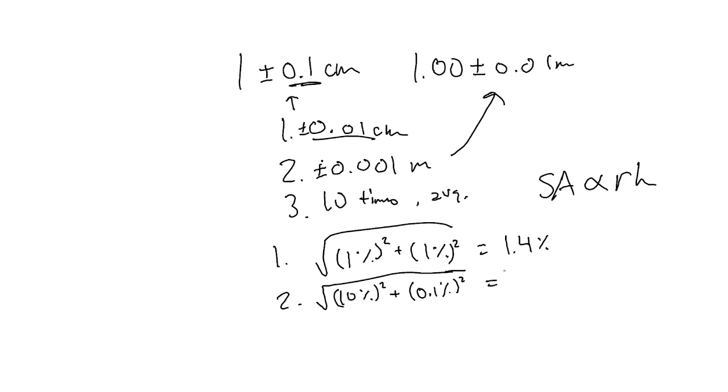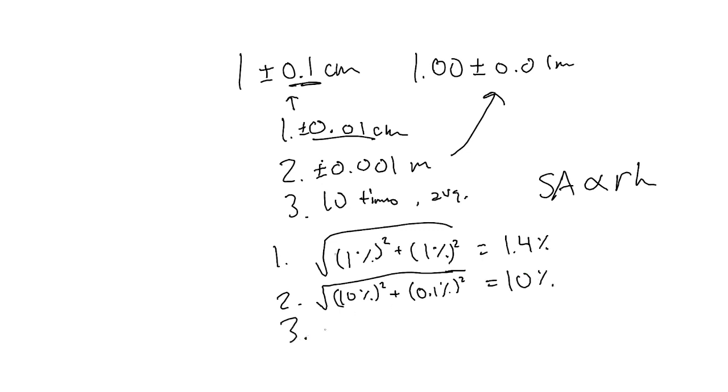So that's going to give us basically 0.1 squared plus 0.001 squared. And so that's going to give us an uncertainty of around 10%.